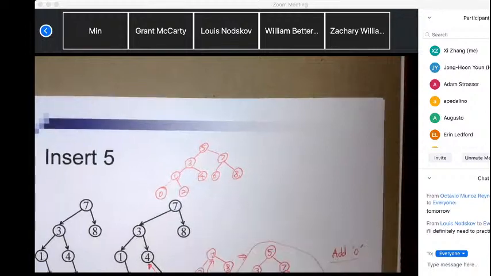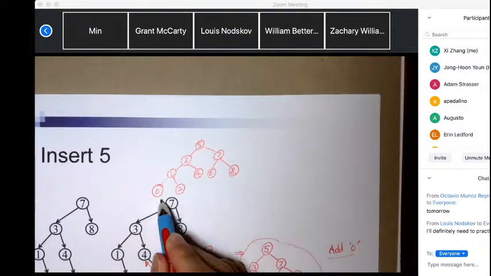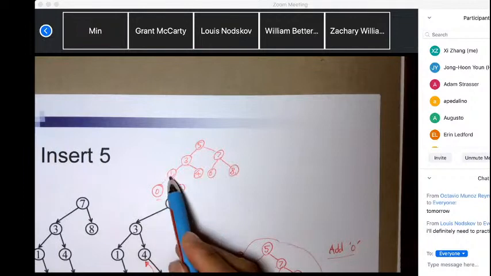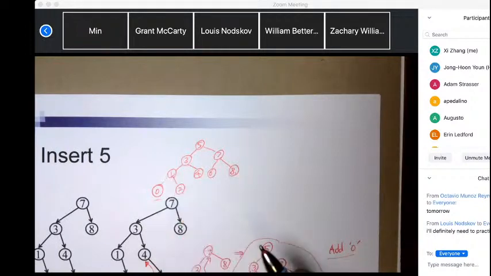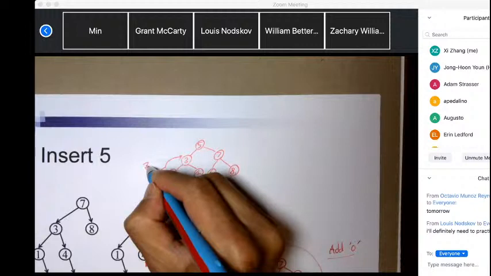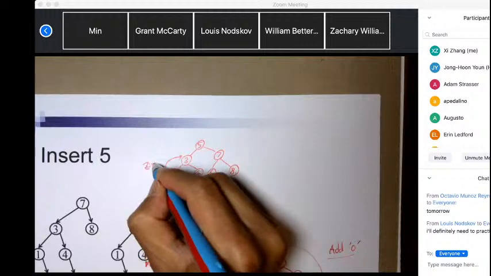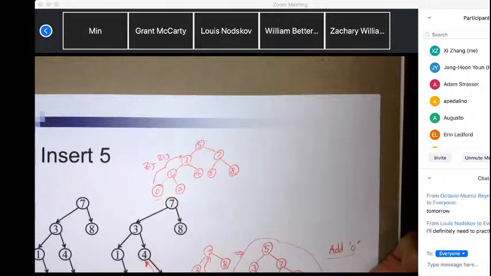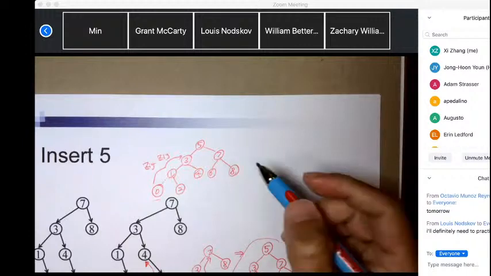Okay. 0 should be left child of 1 because splay tree is a binary search tree. This is the only place 0 can go. And then we have to do a zig rotation. So in this case, the tree structure will be even worse than before splaying, because that's the way the textbook discussed.